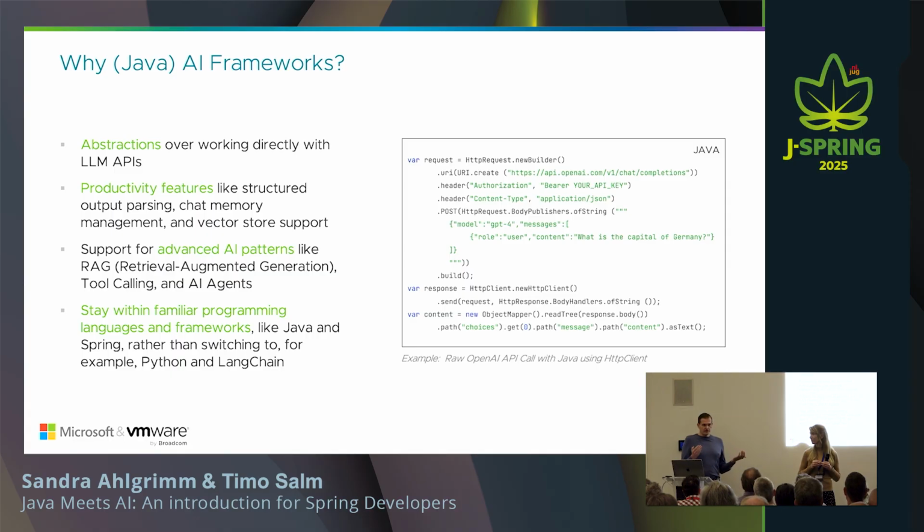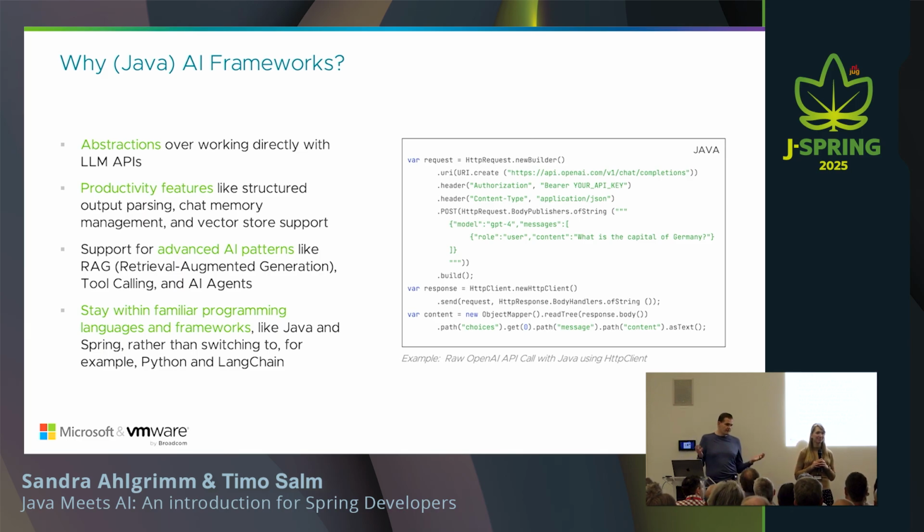What those frameworks will do is, for example, add a JSON schema to the context and automatically instruct the large language model to send back JSON, so that it can automatically map that to a business object. That's one example. Also things like chat memory, vector store support, etc. So really those higher abstractions so that you don't have to care about the basics.